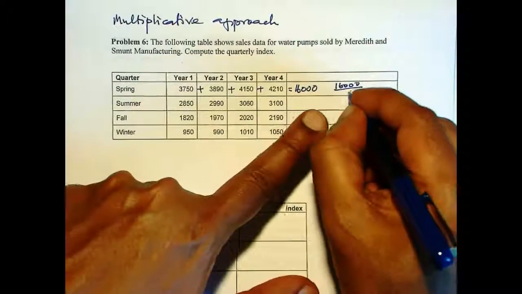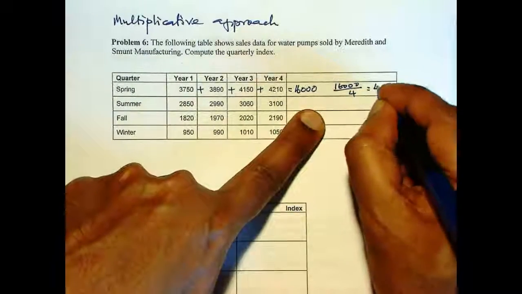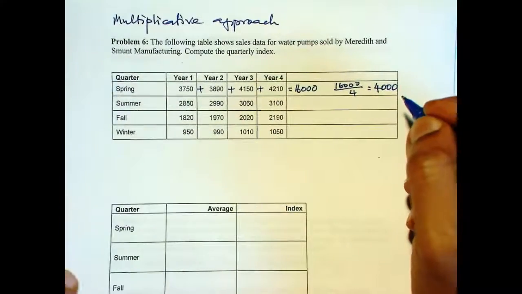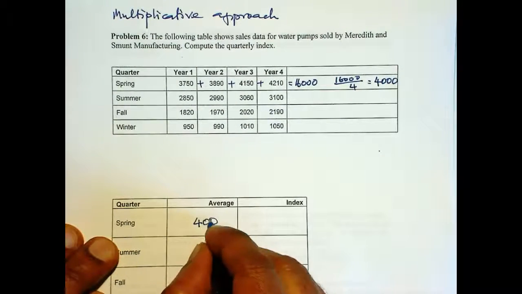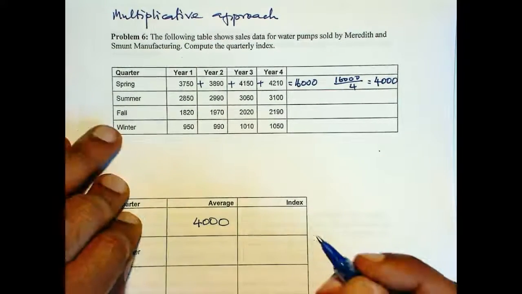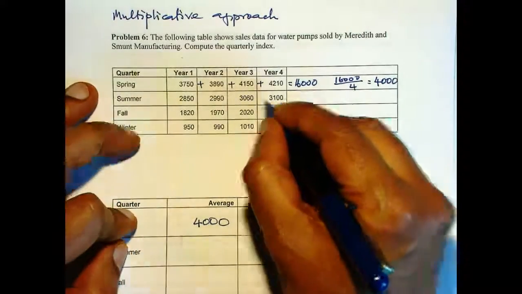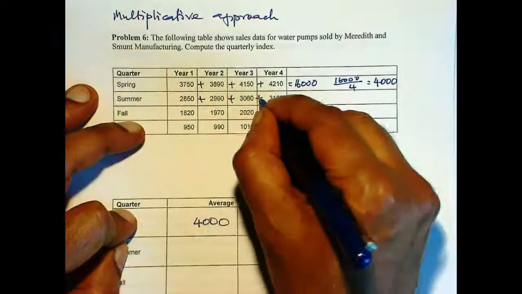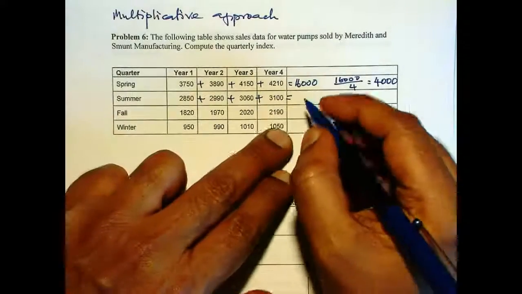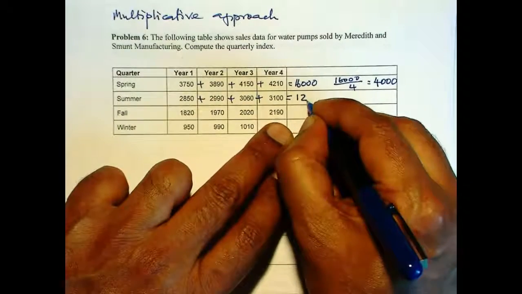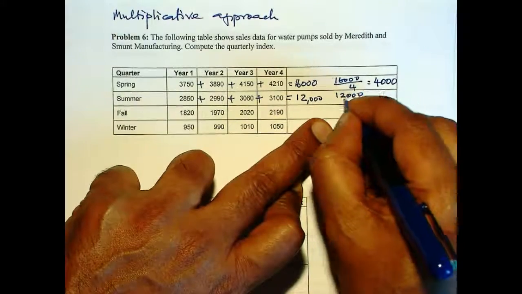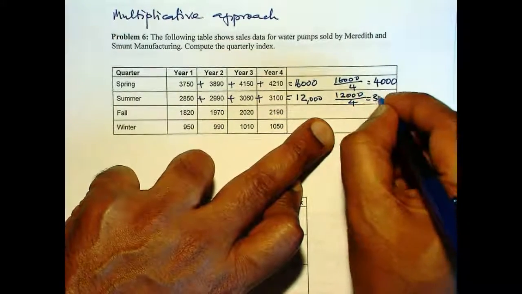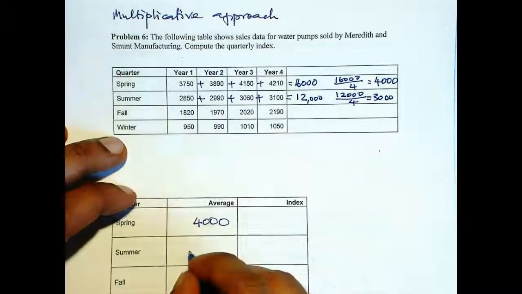There are 4 years, so divide by 4, you get the average for spring. So spring average is 4,000. Summer average, again add them, you get 12,000. Then you go 12,000 divided by 4 is 3,000.